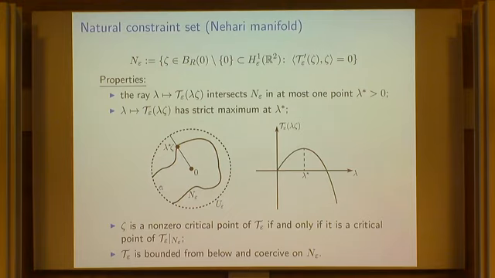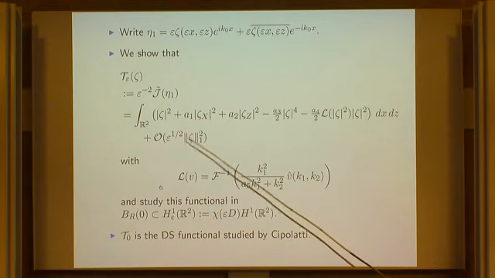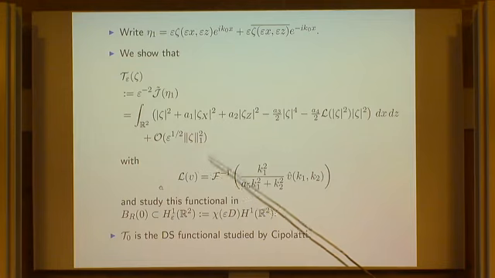Now there are some technical things which I have hidden away here. This term is actually a little bit difficult to deal with because it's still non-local, and we're working on the whole space, so we have problems with compactness. So we have to use concentration compactness. And because of this being non-local, it's not so easy to deal with.